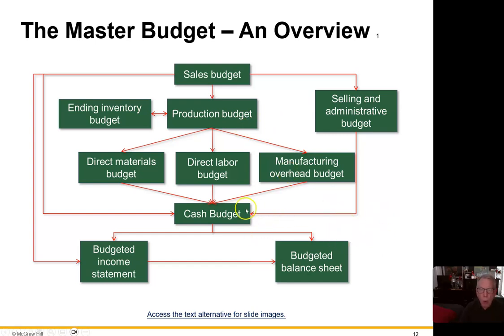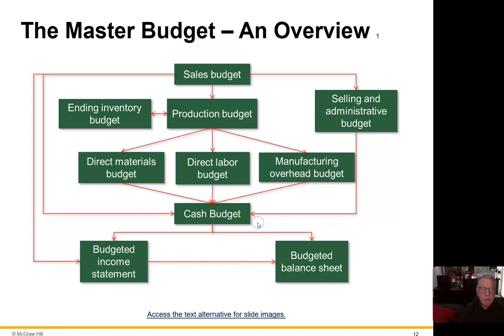That all rolls into a cash budget, and that cash budget is very important for the CFO, in my case, me, to be able to forecast our cash requirements, schedule our borrowing, and do those kinds of things.